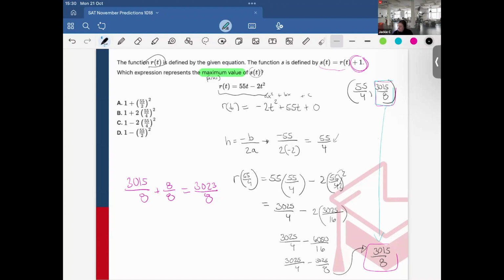So essentially what was happening, if I look at this, it's 55 over 4 squared multiplied by 2, and then I added 1 to it. So just looking at before I took all these steps, it would be this and then plus the 1 because it's the y coordinate that's being translated up 1 unit. So I could have saved myself some time by just looking at that, but anyways, this is just one way in which they could test the minimum or maximum of the vertex.